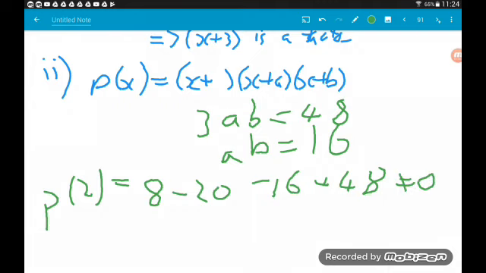Let's try p of minus 2. So that's going to give us minus 2 cubed, which is minus 8. And then minus 5 lots of minus 2 squared. So again, that's going to give us minus 20. And then we've got minus 8 lots of minus 2, which is positive 16.